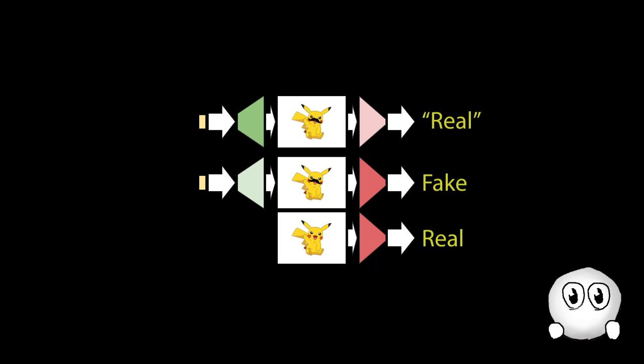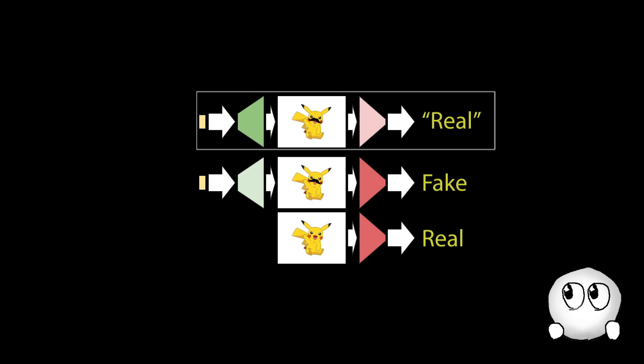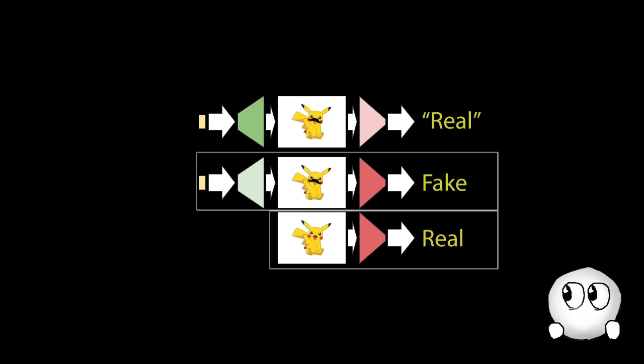So there are three different training things going on. The first one is that the green network tries to fool the discriminator into thinking that its generated image is actually real. Whereas the red one gets both real images and fake images, and has to recognize the generated images as the fake ones and the real images as true ones.